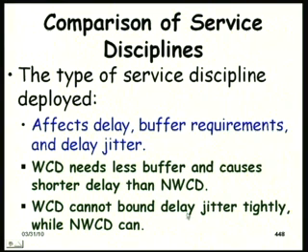Do you agree with this? If you agree, then you will have to justify why this is the case. Yes, anybody would like to tell anything about why, I mean this specific claim that a work conserving discipline cannot bound delay jitter tightly, while the non-work conserving discipline can. Can anybody try to justify this, or try to say that this is wrong?